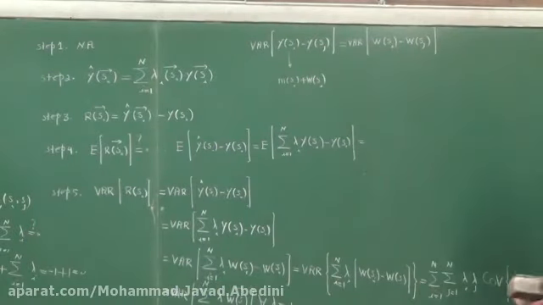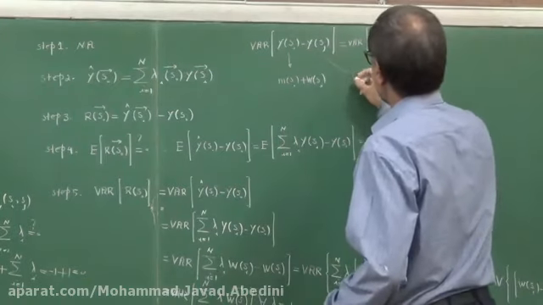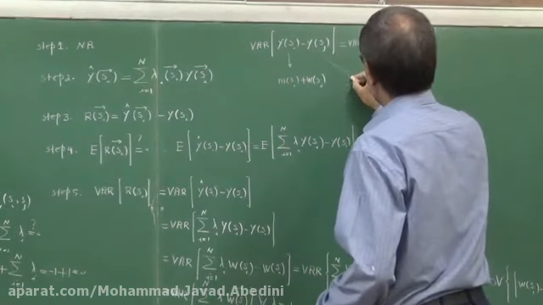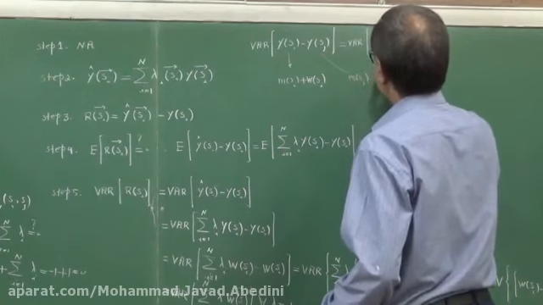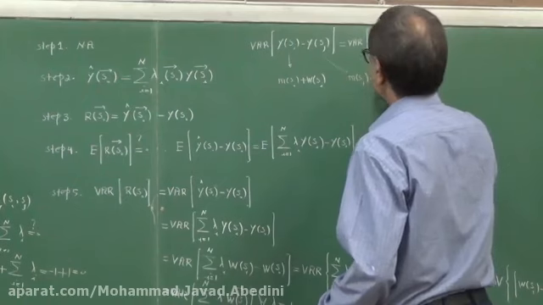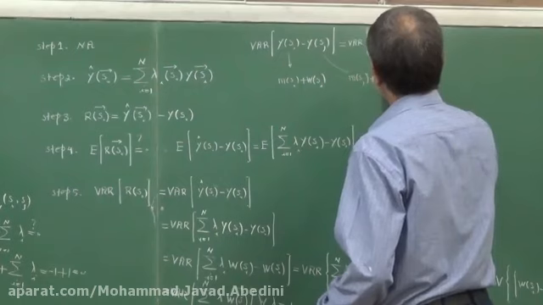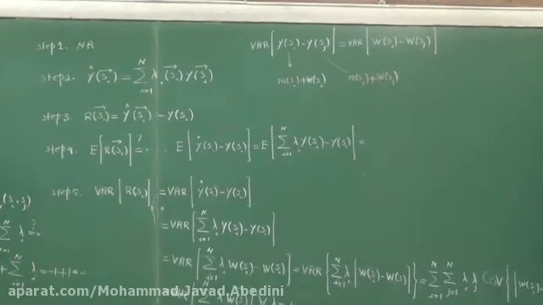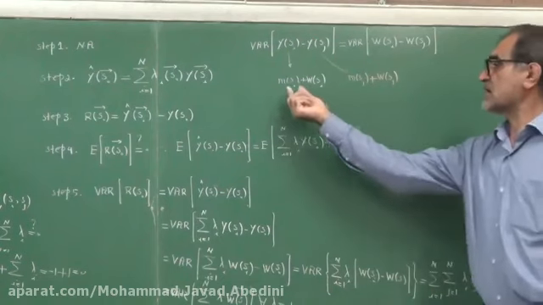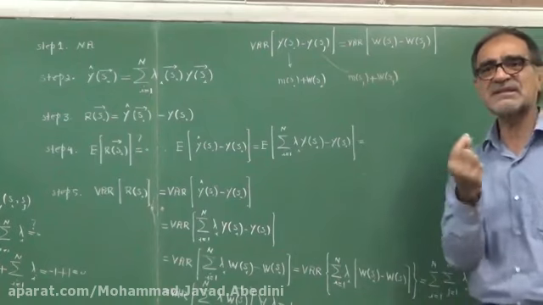And then replace this one with M at Sj plus W at Sj. This M of Si minus M of Sj is basically a single number.